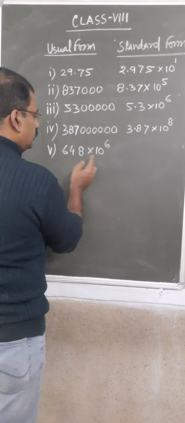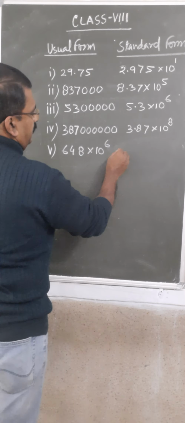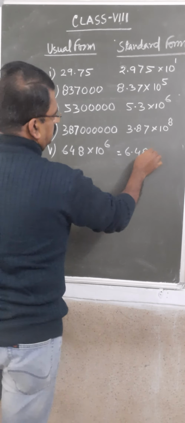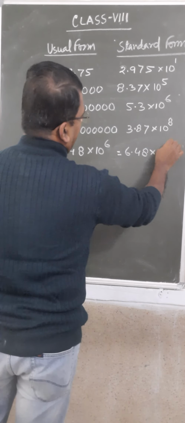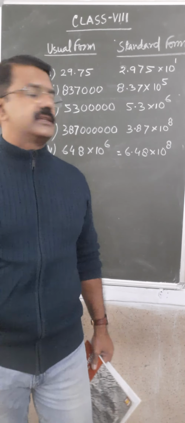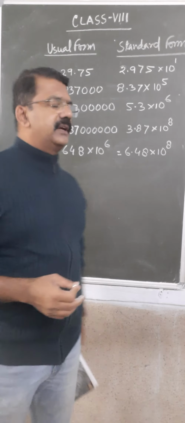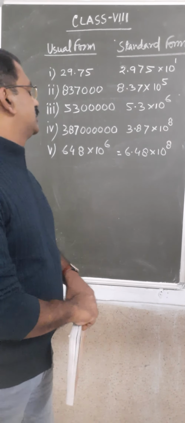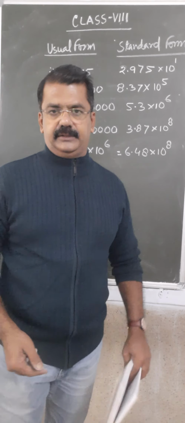So 1 and 2 places, shift the decimal 2 places towards the left. So it will be 6.48 into 10 to the power 8, because as you have shifted the decimal 2 places towards the left, the power of 10 will increase by 2. So it will be 6.48 into 10 to the power 8.